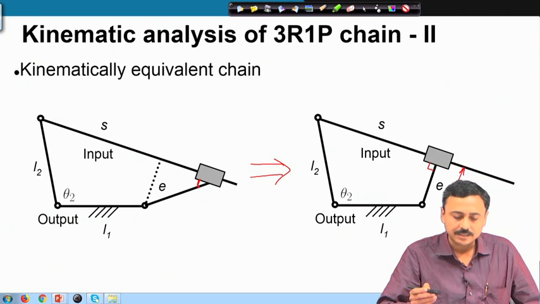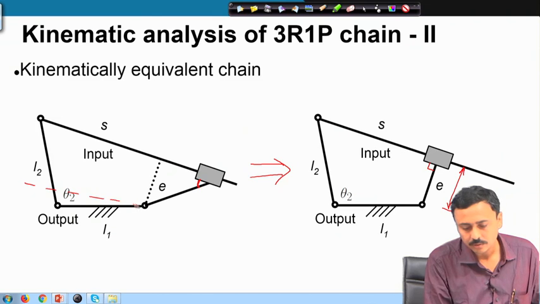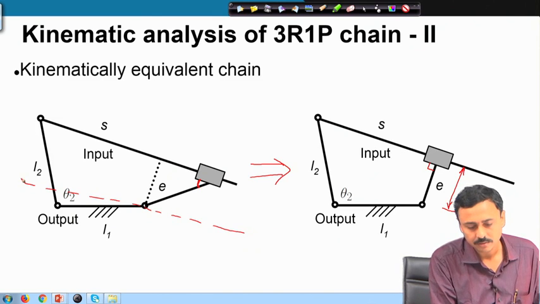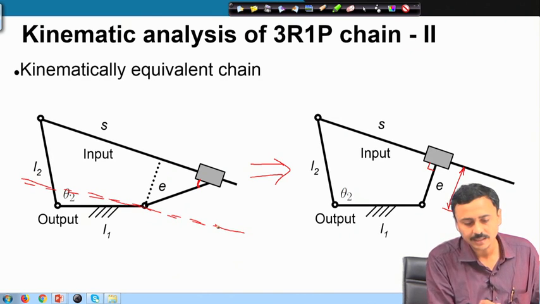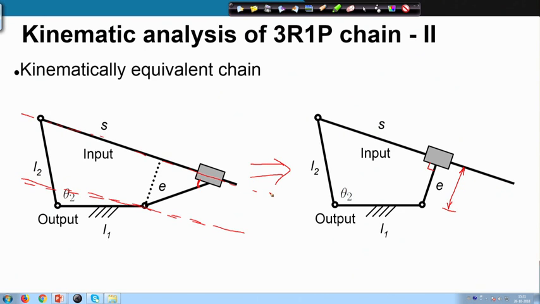You remember that the offset is the perpendicular distance between the two lines which pass through the two hinges of the links which are connected by the P pair. So, this is the P pair, this is one link, this is the hinge of that link and the hinge of the other link is here.